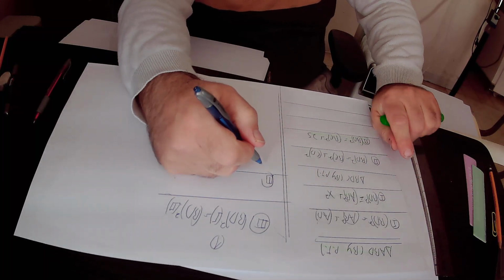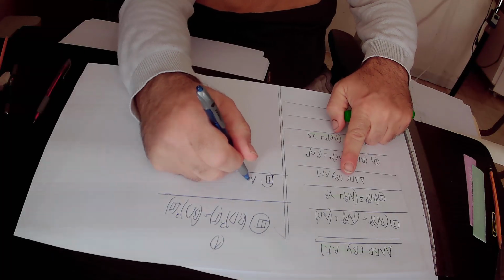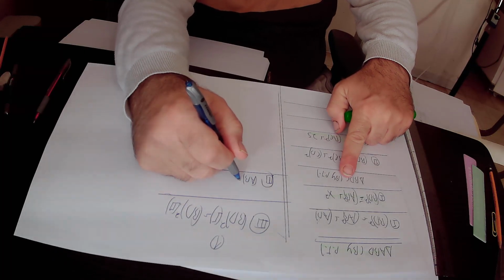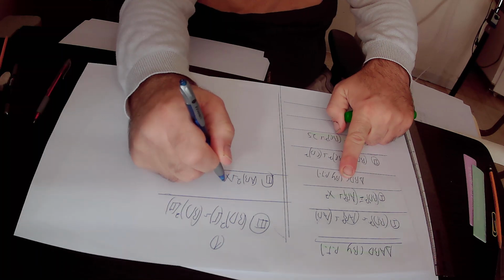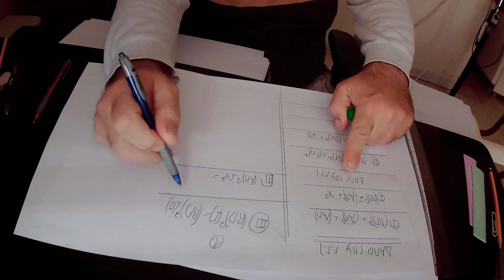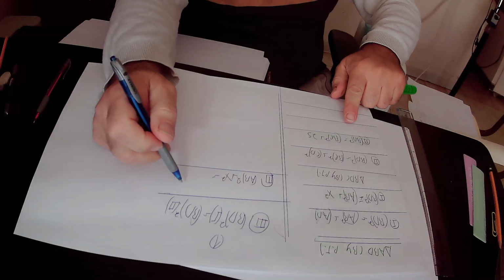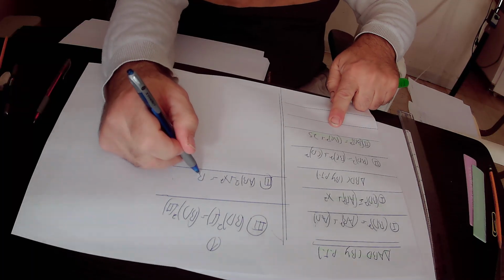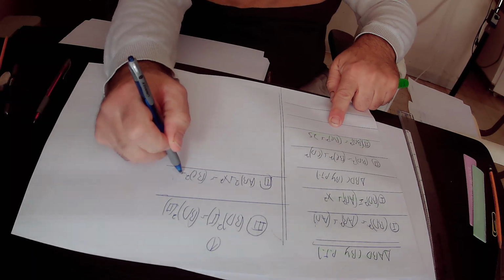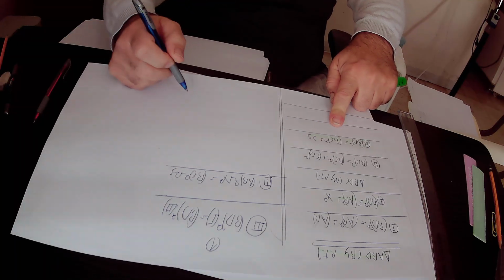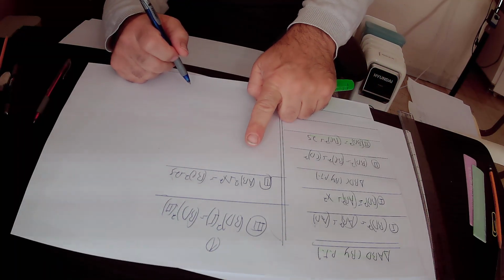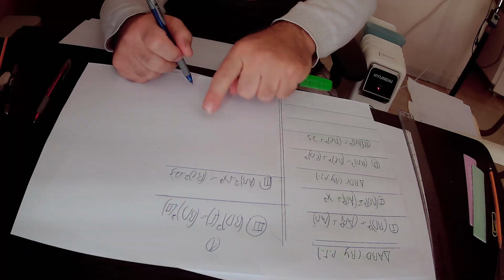BD squared according to equation 1 equals AB squared plus x squared, and it must be equal to BC squared plus 25. So in total, according to equation 3, we found out that AB squared plus x squared equals BC squared plus 25.